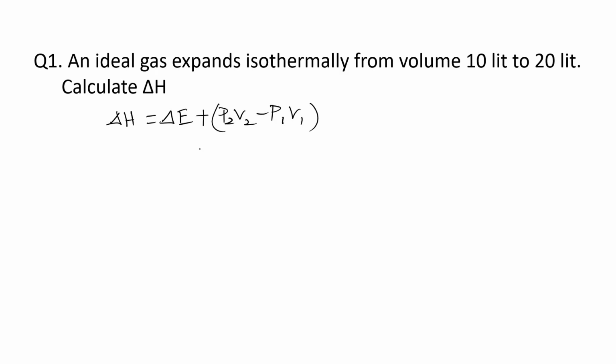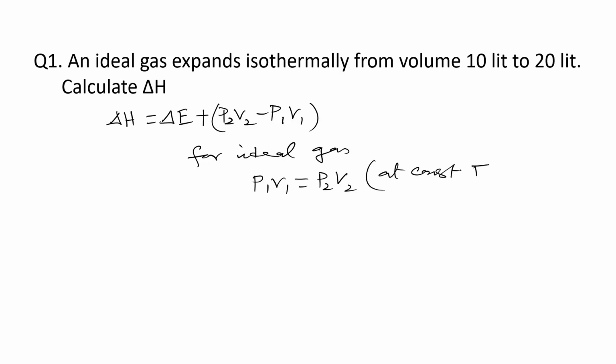Now we know that for an ideal gas, P1 V1 is equal to P2 V2 at constant temperature. That is Boyle's law. Again, at constant temperature, delta E should be 0 because internal energy is a function of temperature.